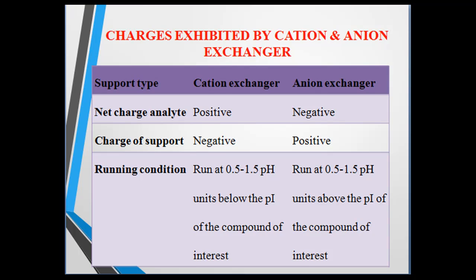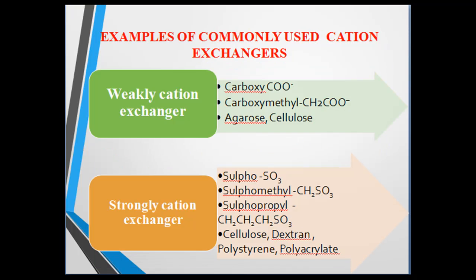Now, based on the functional group attached to the matrices, they are further divided into two types: strong exchangers and weak exchangers. Strong exchangers are fully ionized at all normal working pH values and include sulfonate and quaternary amines, whereas weak exchangers are ionized over only a narrow range of pH values, and examples are carboxylate and diethylammonium.